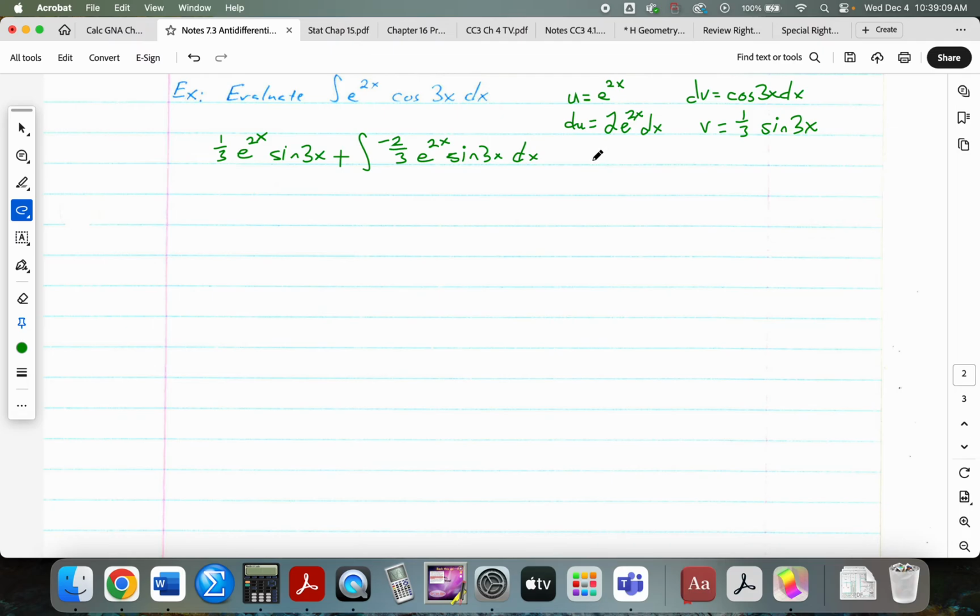Do the same thing. And occasionally, students are like, oh, it didn't work out the first time. I should switch which one is u and which one is dv now. Don't. Okay? Stick with what you started with. So u is going to be negative 2/3 e to the 2x, and dv will be sine 3x dx.